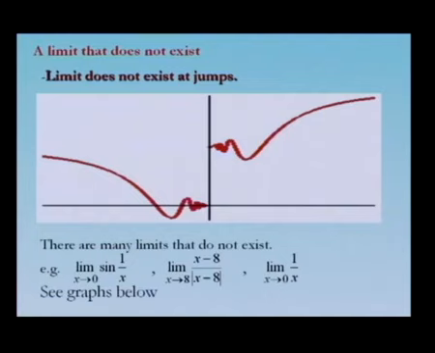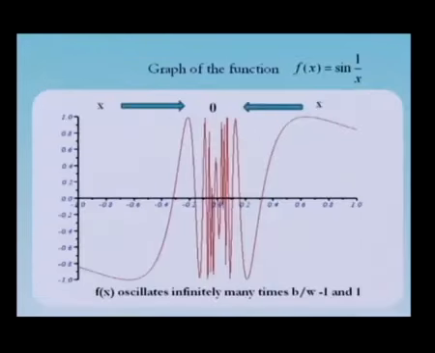Now let's consider some more functions where the limit does not exist. For example, limit x tends to 0, sin 1 upon x, limit x tends to 8, (x minus 8) upon mod (x minus 8), and limit x tends to 0, 1 upon x. So let us see the graphs of these functions. This is the graph of the function f(x) equals sin 1 upon x.